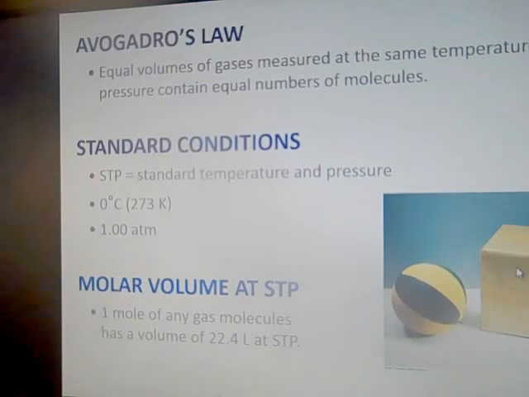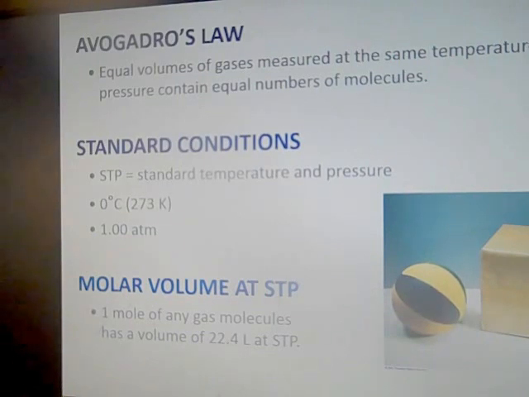And note that Avogadro's law states that equal volumes of gases measured at the same temperature and pressure contain equal numbers of molecules. Basically, this principle is what allows us to determine the molecular weight of any compound if it's in the gas phase.